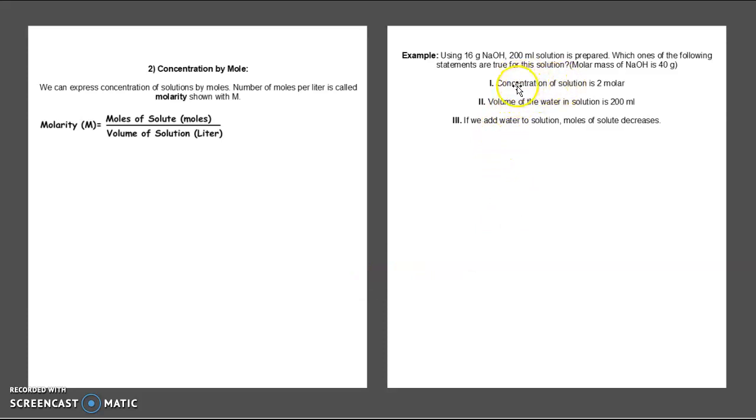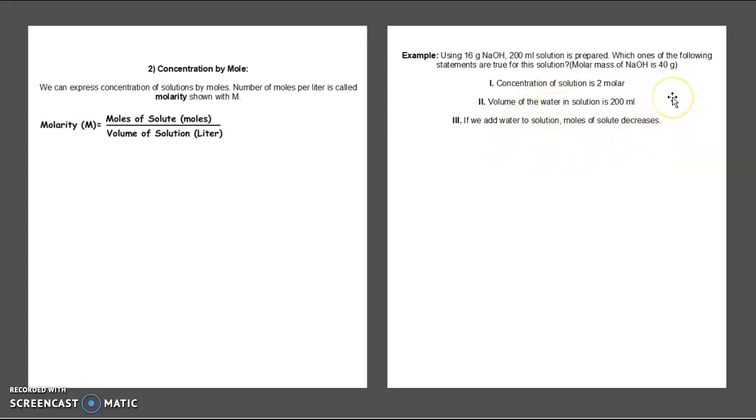If the concentration of a solution is 2 molar, what does it mean? That you have 2 moles in 1 liter of solution. If the volume of the solution is 200 milliliters, then what do you have to do?